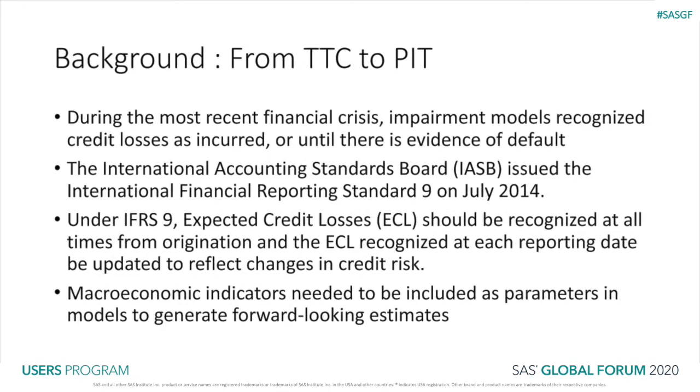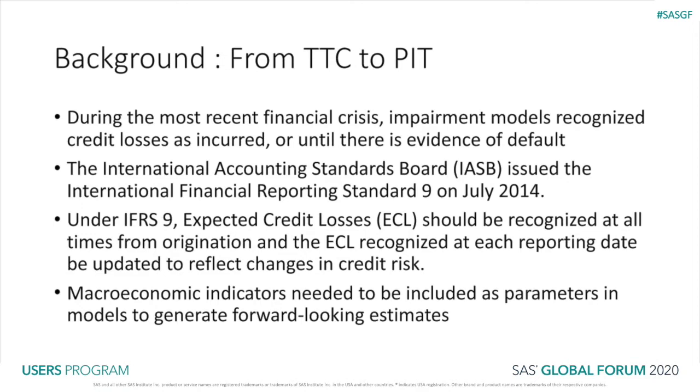So as a lot of you may already be aware, the IFRS9 CECL process for expected credit loss calculation requires us to go from a through-the-cycle process for calculating the expected credit loss to a point-in-time process.